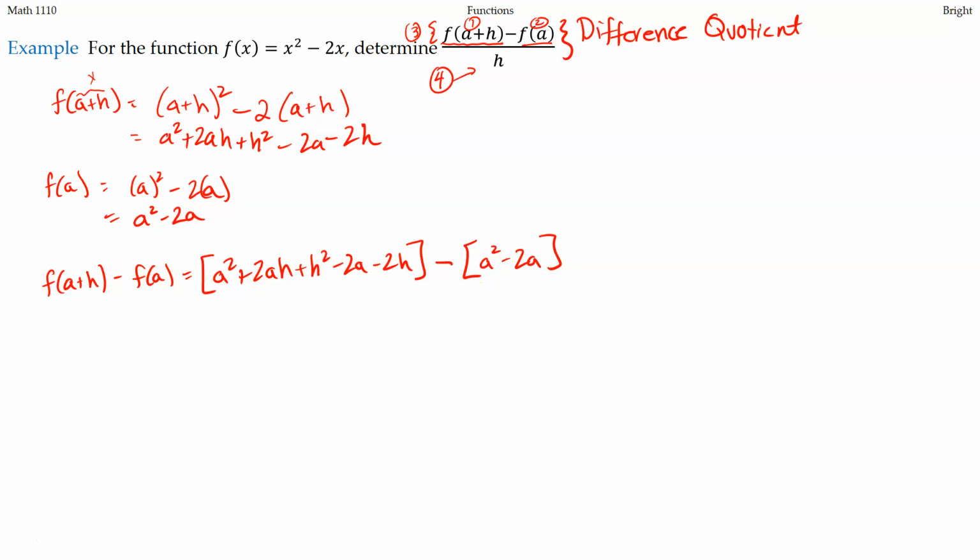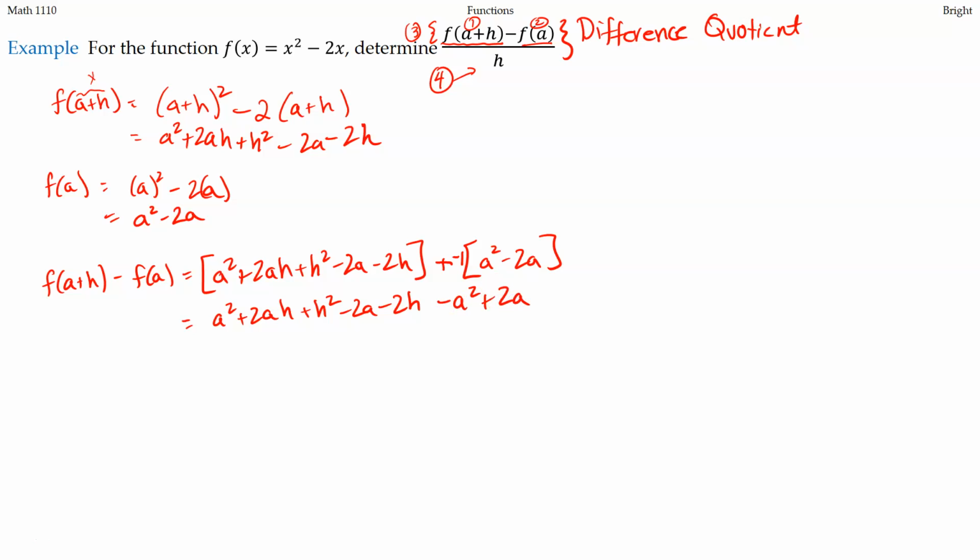Okay, and now there's no further simplification I can do with the parentheses in the first part, so I'm just going to drop them. A squared plus 2ah plus h squared minus 2a minus 2h. And then for the second one, remember, this is really saying plus a negative 1 times all of this, so I would have to distribute, and I'd have minus a squared plus 2a.